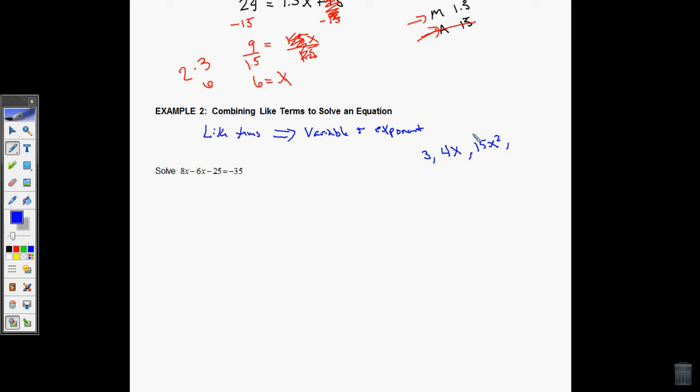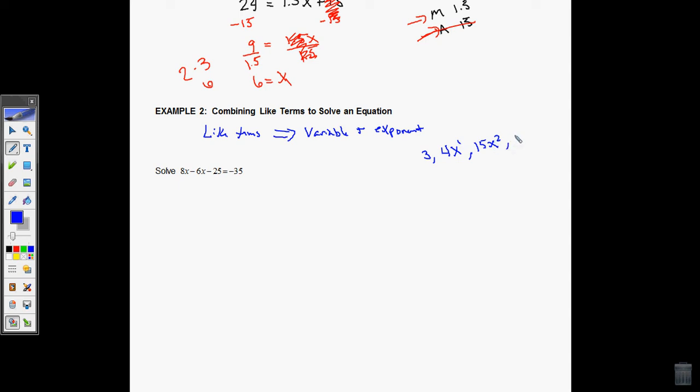None of these are like terms, right? The 3 doesn't have any x's, whereas these two do, so they don't have the same variables. The 4x and the 15x squared both have x's, but their x's have different exponents, right? If I don't see an exponent here, it's a 1. So this is x to the first, this is x to the second. They have different exponents, they're not like terms.